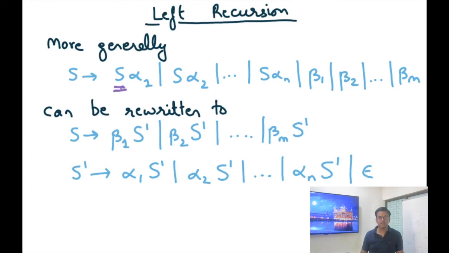We define another non-terminal S prime, and we say S produces beta 1 S prime, or beta 2 S prime, or beta m S prime, because that's what the first part of this grammar will produce. And then S prime produces one or more strings of either alpha 1, alpha 2, dot dot dot alpha n.